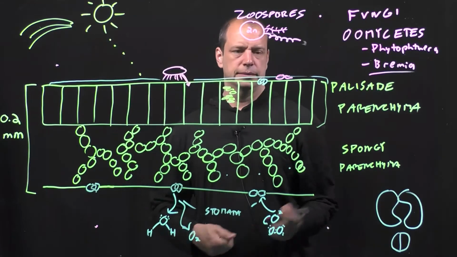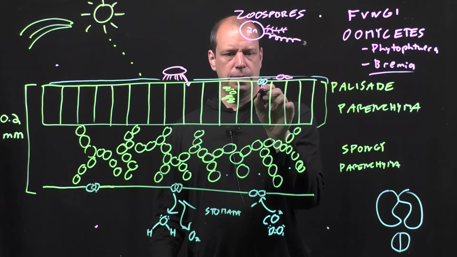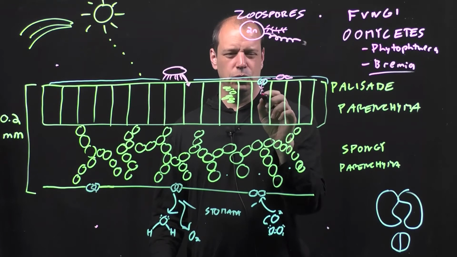So the zoospore is able to locate these stomata and penetrate into the leaf and then germinate. And at that point, it begins growing what's called hyphae, which is like a root of a fungus. It's a long filament.